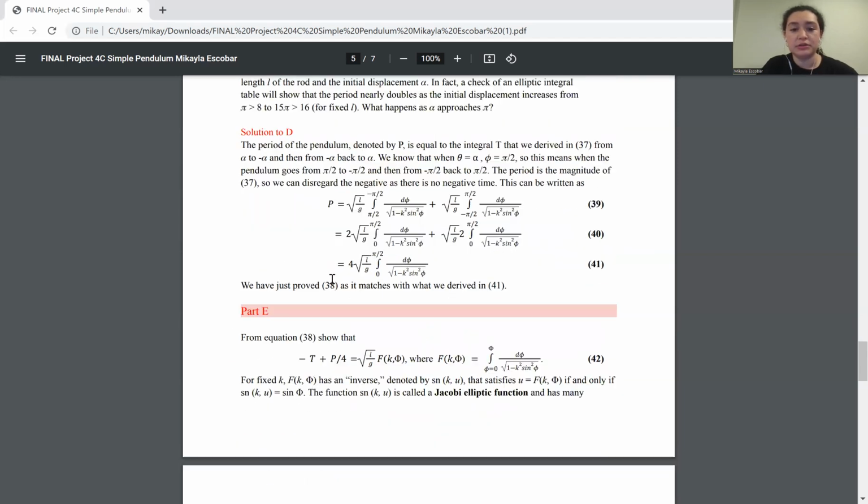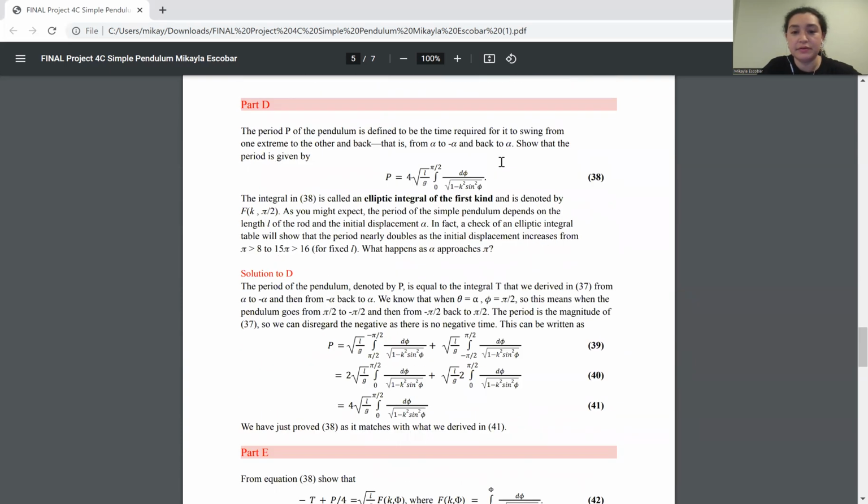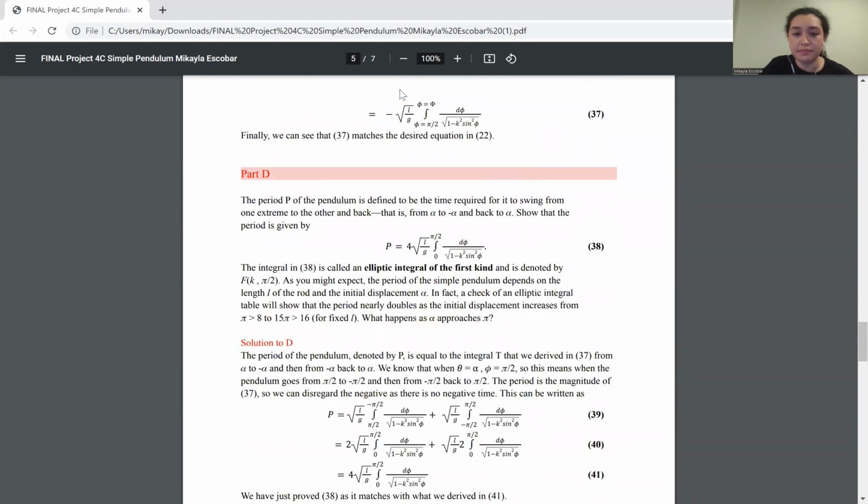The period of the pendulum, denoted by P, is equal to the integral T that we derived in equation 37, right here, from alpha to negative alpha and then from negative alpha back to alpha.